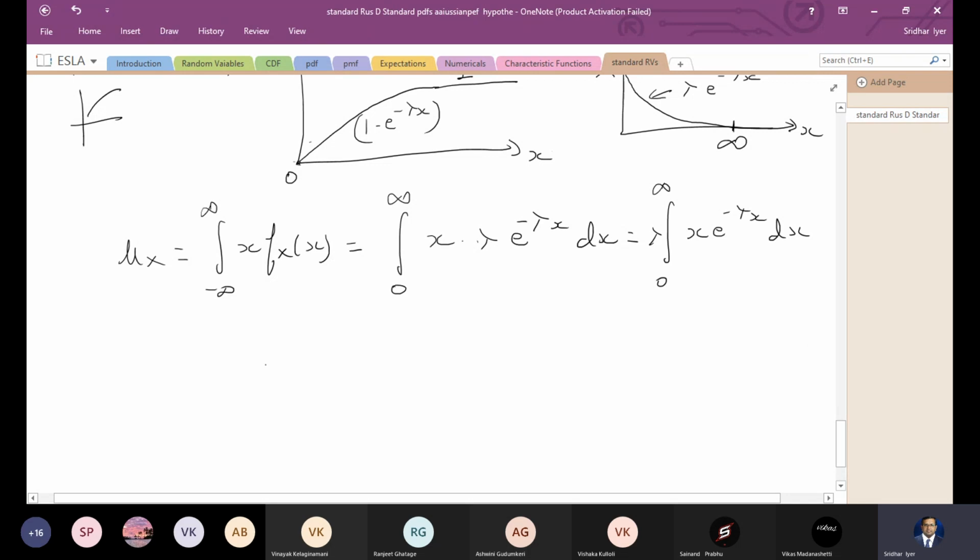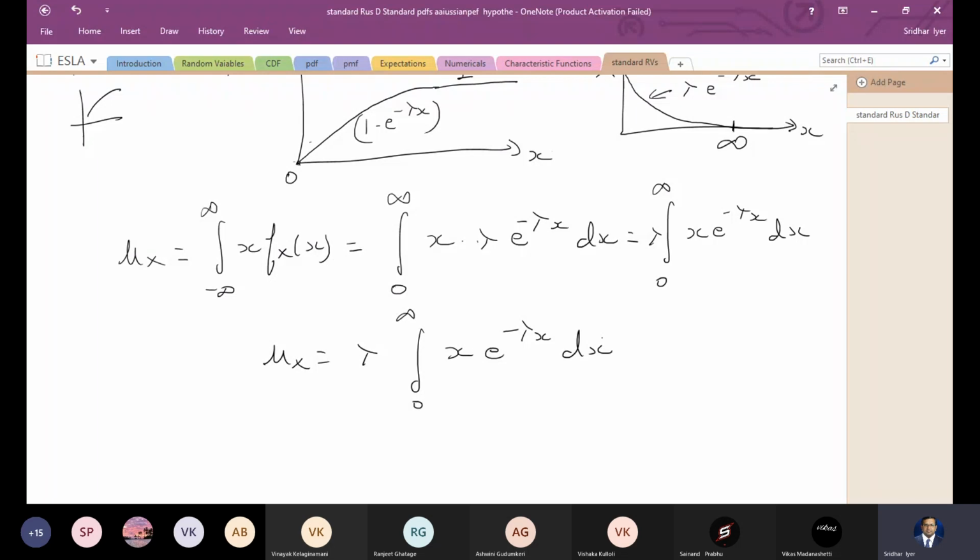So your integral is of this form: mu x is lambda times the integral from 0 to infinity of x e raised to minus lambda x dx. How do you solve this integral? Anybody? Bernoulli's rule, sir. Okay. Anything else? Any other manner in which you can solve this?